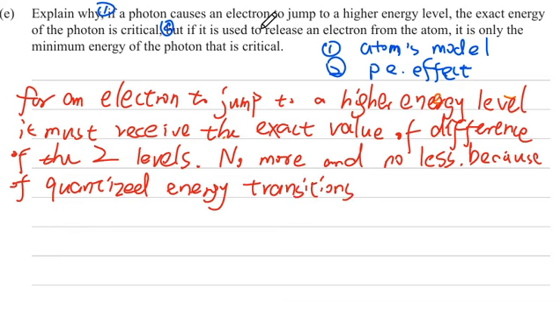For the second part, if it is used to release an electron from the atom, actually we're talking about how a photon can release some of the electrons from some atom. So actually this is the photoelectric effect, right?